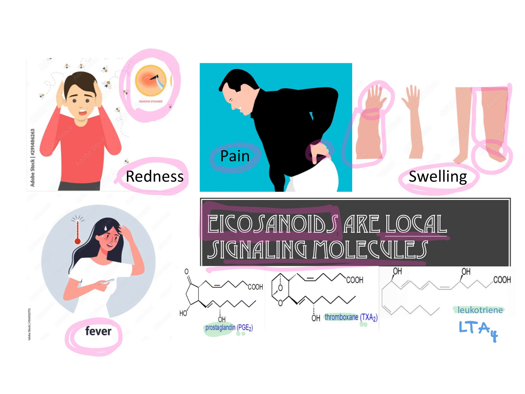And that's all caused by these icosanoids. And the reason that they're local signaling molecules is because of their structures. And so I'm going to move to the next slide so we can talk about their structures and how you recognize them, but also where they come from and how that influences their function.